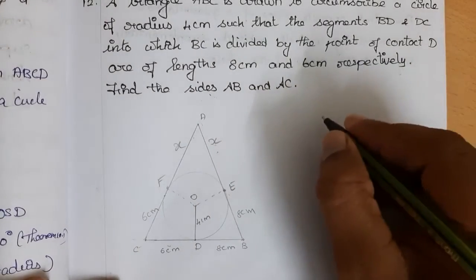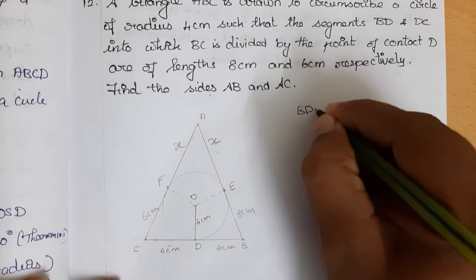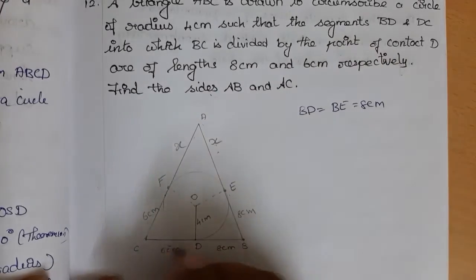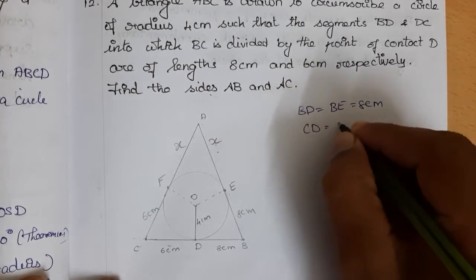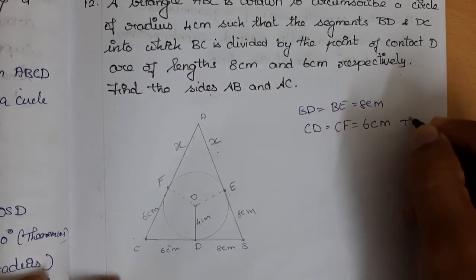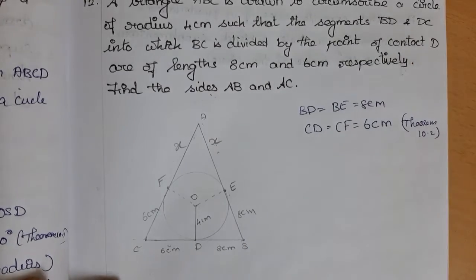So what we have done is BD is equal to BE is equal to 8 centimeters and CD is equal to CF is equal to 6 centimeters by theorem 10.2, right?